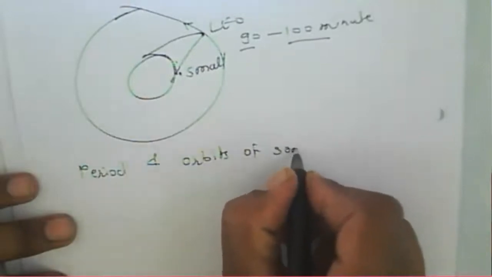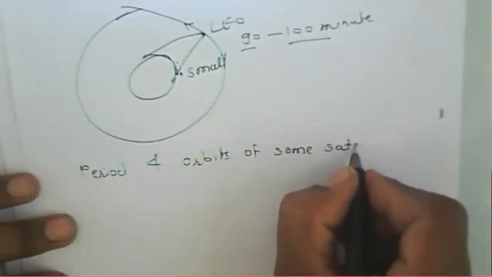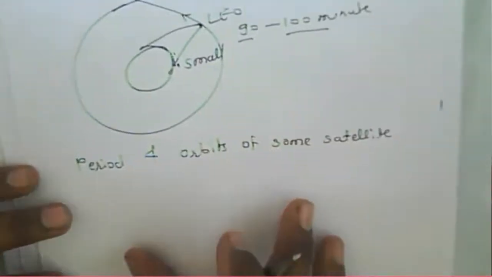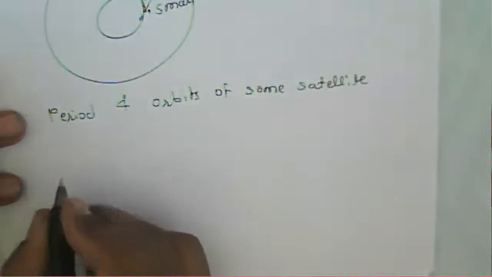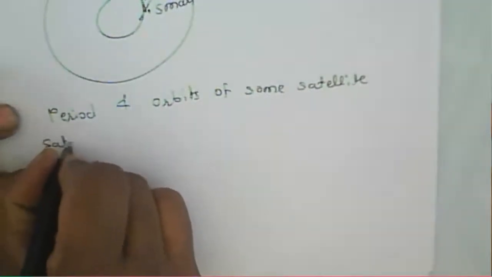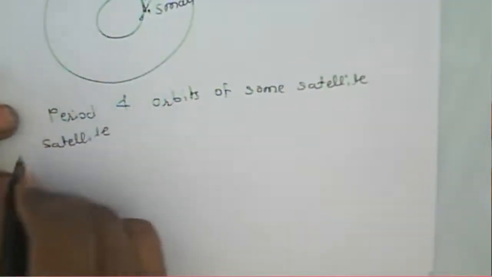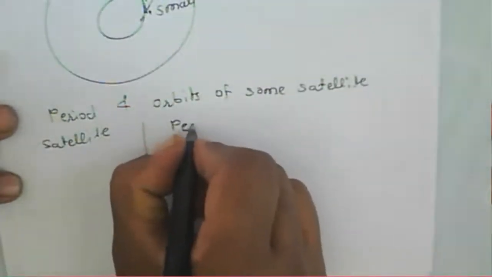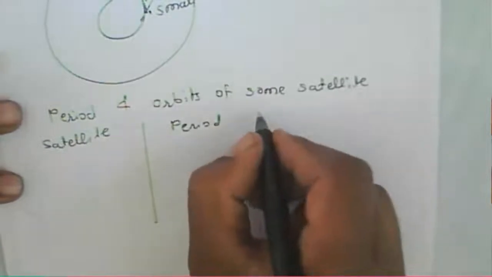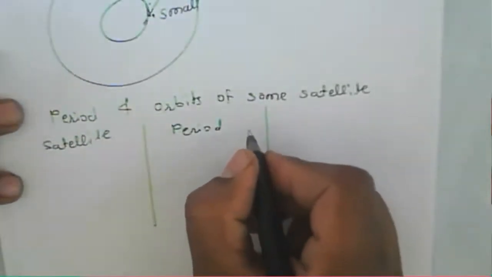Now we see one table, the period and orbits of some satellites.